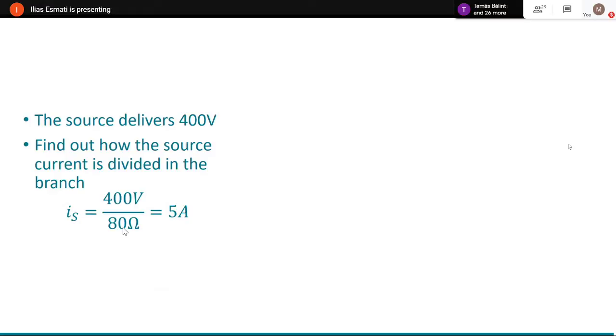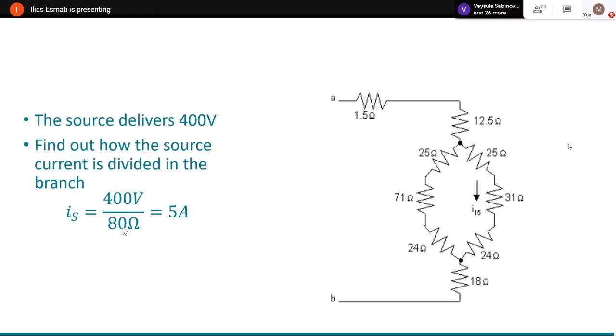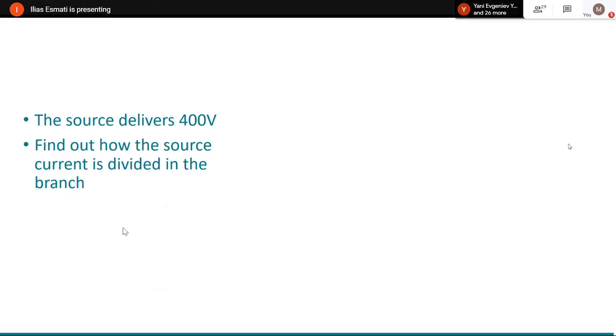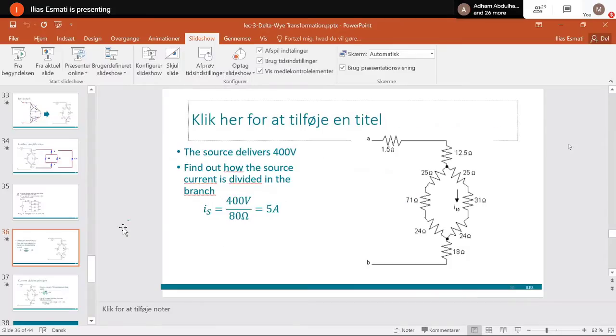Again, once you know the characteristics of a circuit, the current and the rest will fall by itself, so it will be easy. Good. I will not go on to find the current and stuff. But the main idea was how to simplify for this part. Good. I will upload this one on your it's learning.